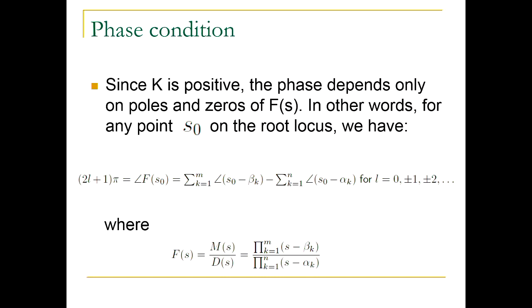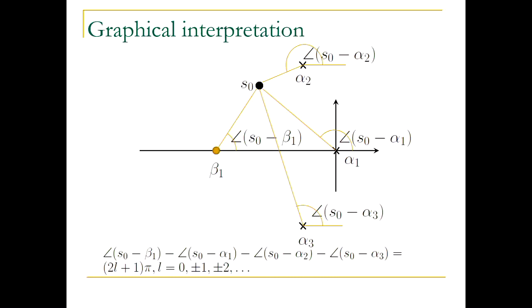Now, what does this mean? This sum of these guys minus the sum of that guy. How can we graphically represent this? Here is an example. What's given here is that the black point is S0. That's a test point. I pick an arbitrary point in the complex plane.